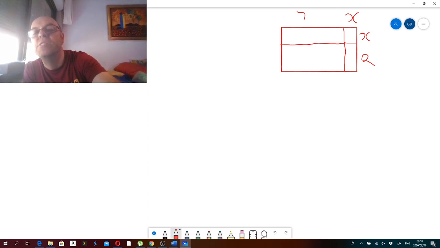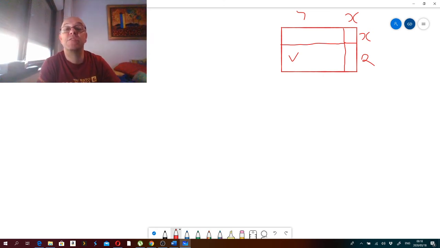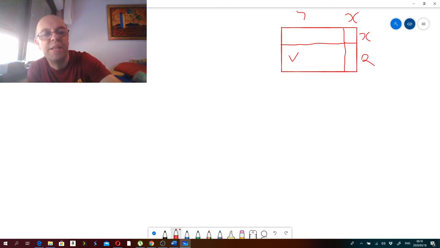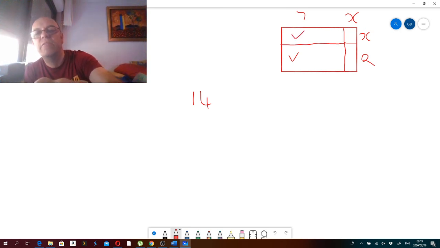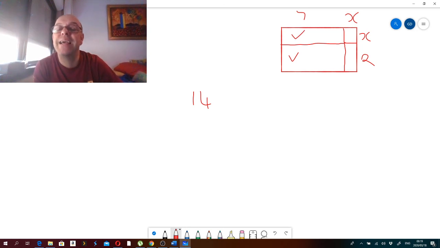So this rectangle over here, let's put a tick, has a measurement of 7 by 2. You can see that its length is 7 and its breadth is 2. So for that, the area is 7 times 2. Let's write it down, and we know that that's 14. This rectangle over here has an area that is 7x because it is 7 times the x.